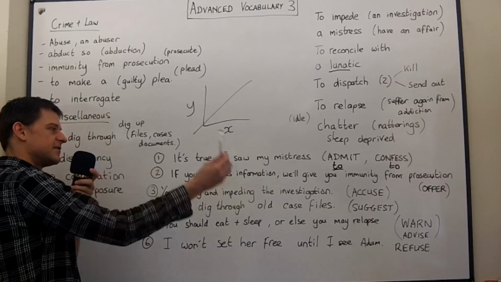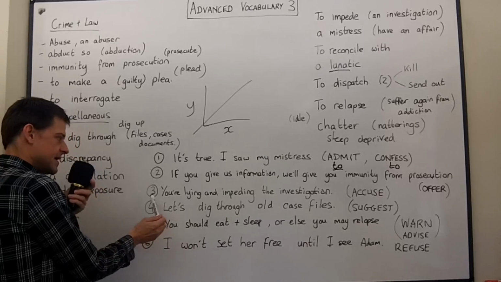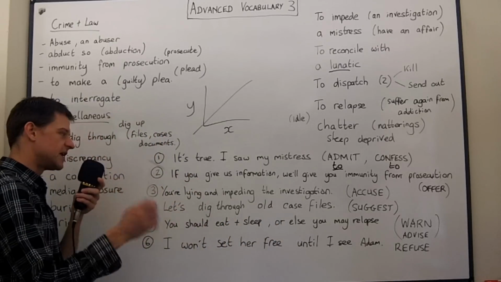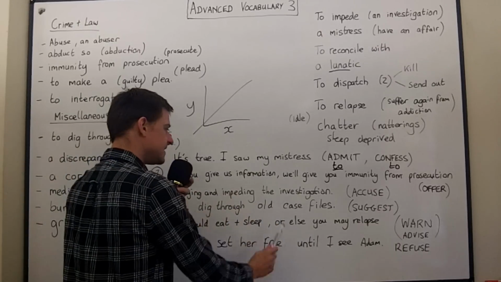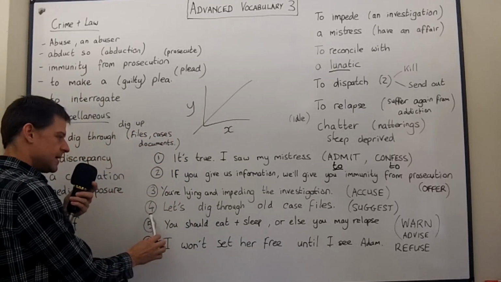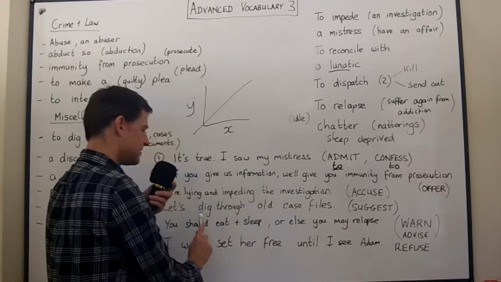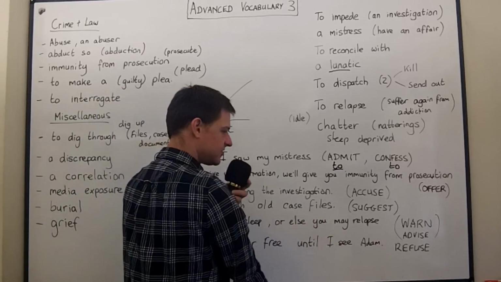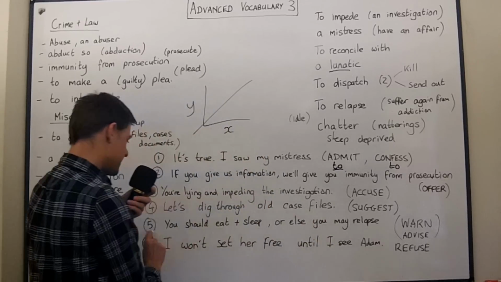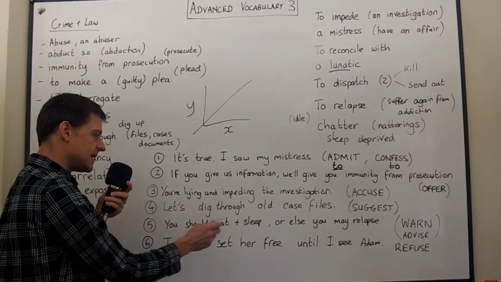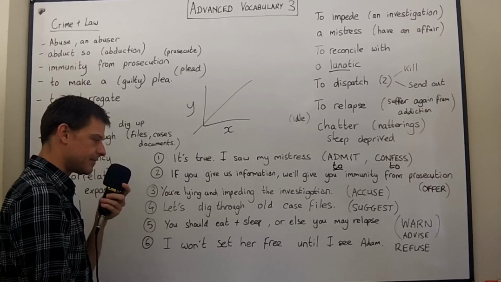Okay? I'm putting this into reported speech, obviously. Number 3, you're lying and impeding the investigation. Holmes accused him of lying and impeding the investigation. Number 4, Holmes suggested digging through. It's gerund. Holmes suggested digging through old case files. Number 5, Watson warned Holmes to eat and sleep or else he may relapse.